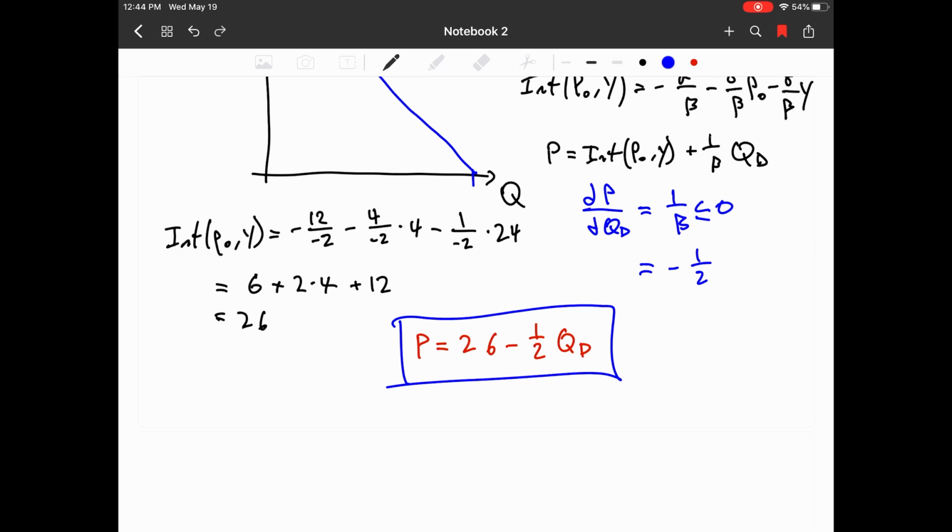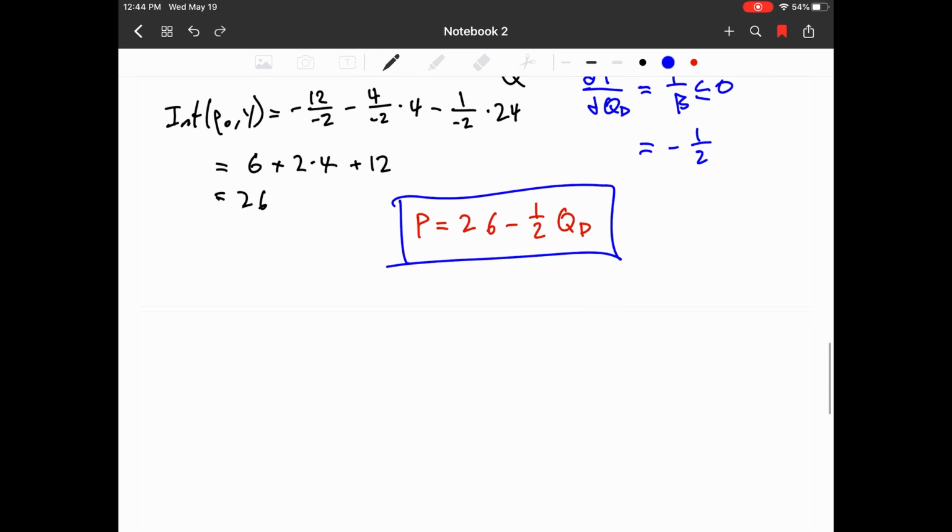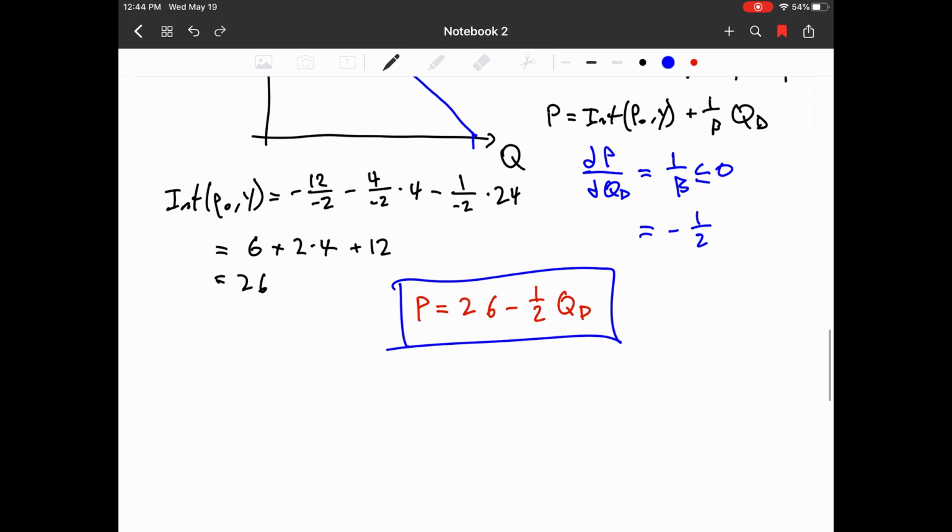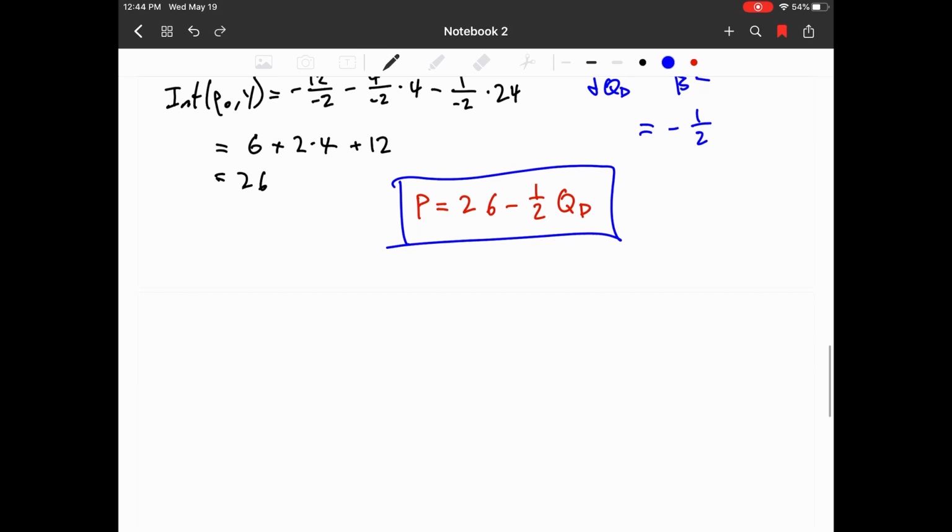So for the next set of questions, instead of plugging in the variable values that we have used, so P0 equaling 4 and Y equaling 24, we're going to set up this relationship, leaving those variables as variables.